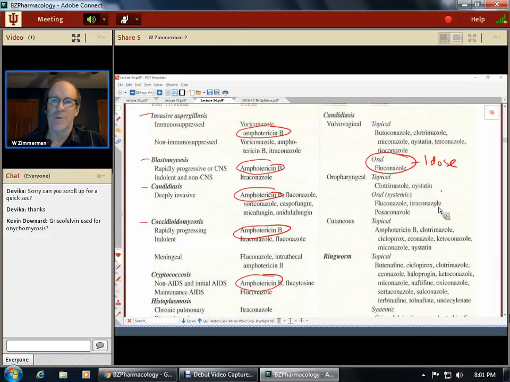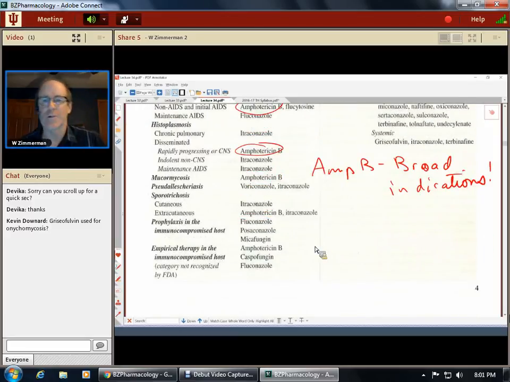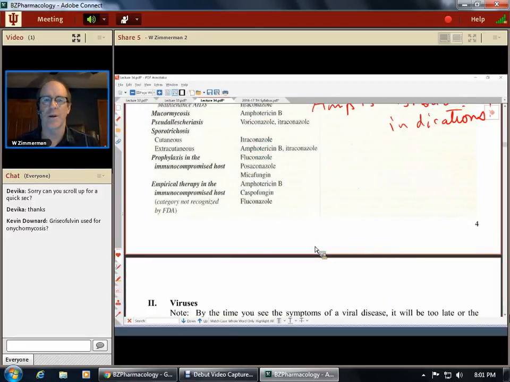See, for your information only page, guys. There's too many drugs we can use in place of one or another, but just keep in mind the broad use of the amphotericin B and how the other drugs work, the fluconazole and the voriconazole.